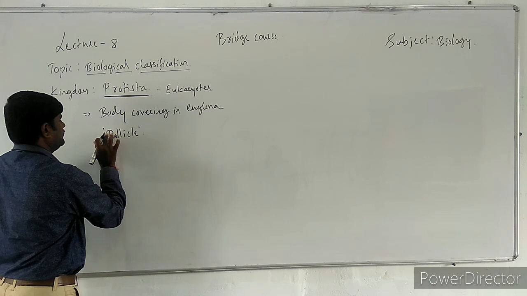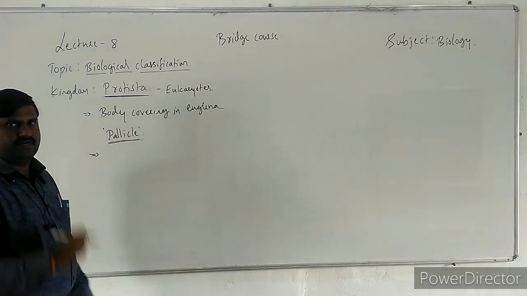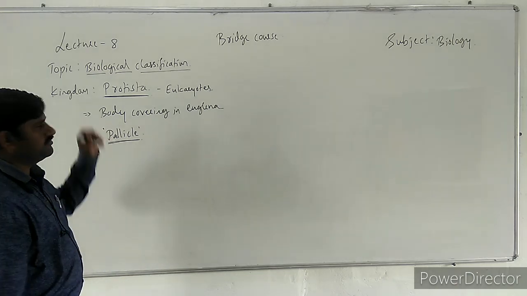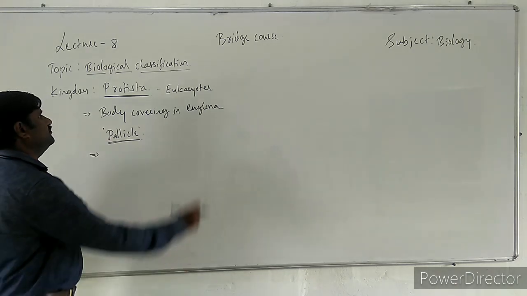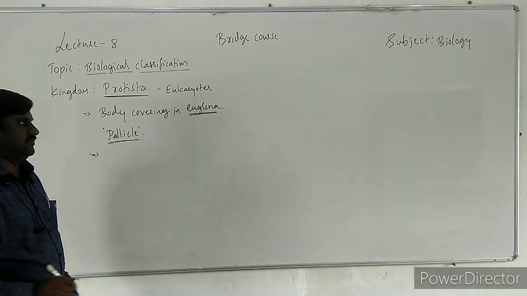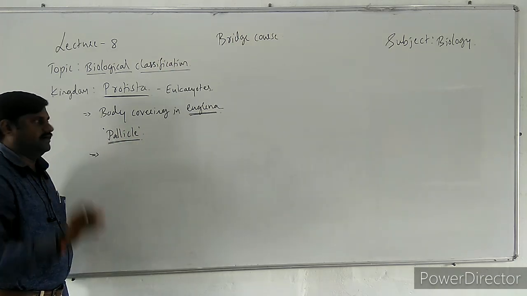Their body is covered with a special kind of cell wall-like structure called the pellicle, right? This is also a unique feature of protistans. One of the protista, that is Euglena, is the best example for this, and it comes under the group flagellata, right?